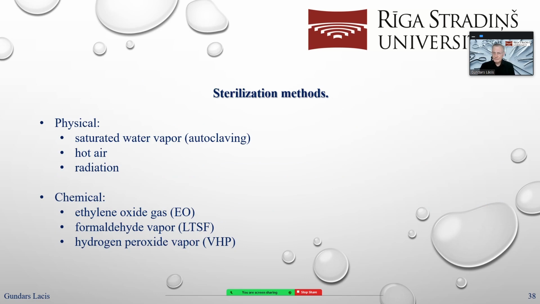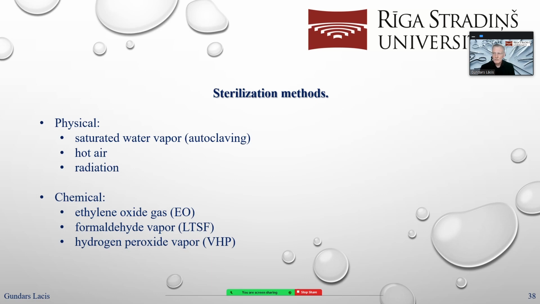Sterilization methods. Physical: saturated water steam, autoclaving, hot air, or radiation. Saturated water steam is the most common method. I would say approximately 93% of all medical devices, especially surgical instruments, are autoclaved.